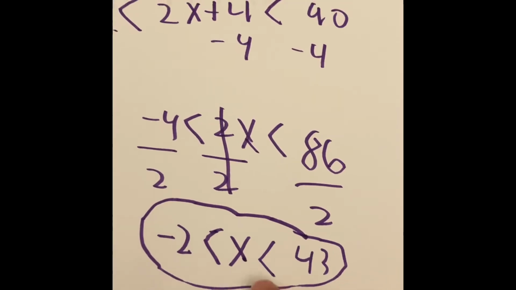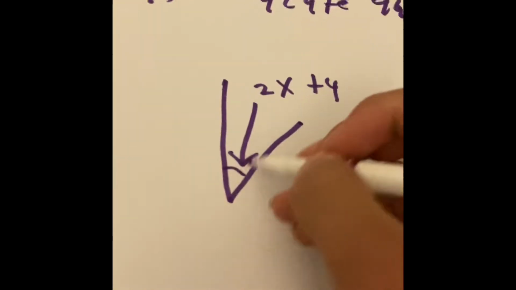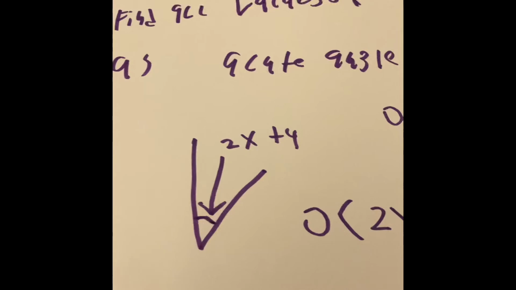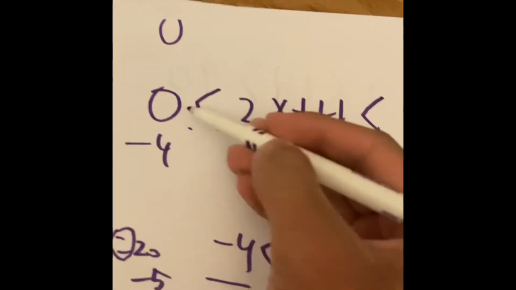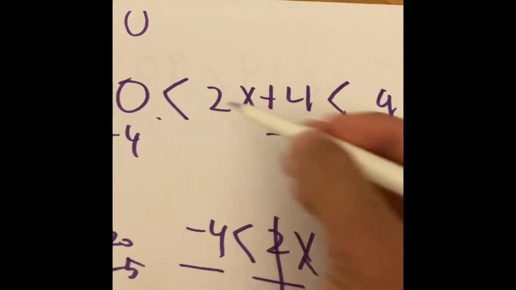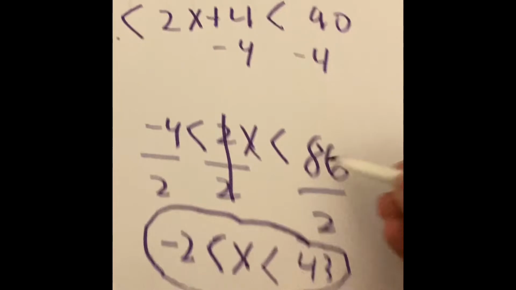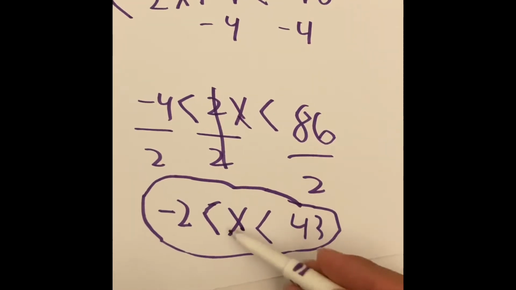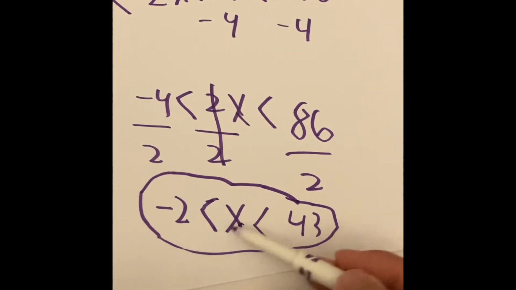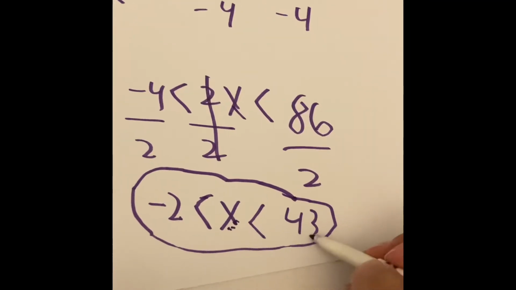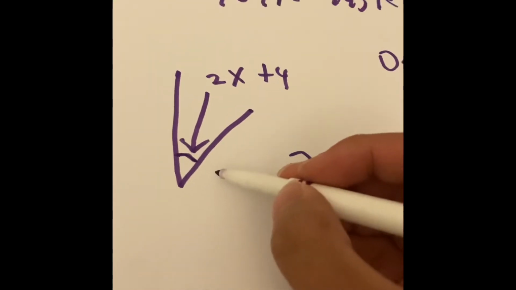That's what can be used to find the angle of this acute angle. Any number that is greater than 0 and less than 90. But if we find x, any number that's greater than -2, but we don't use negatives in geometry, but less than 43 for x, will become an acute angle.